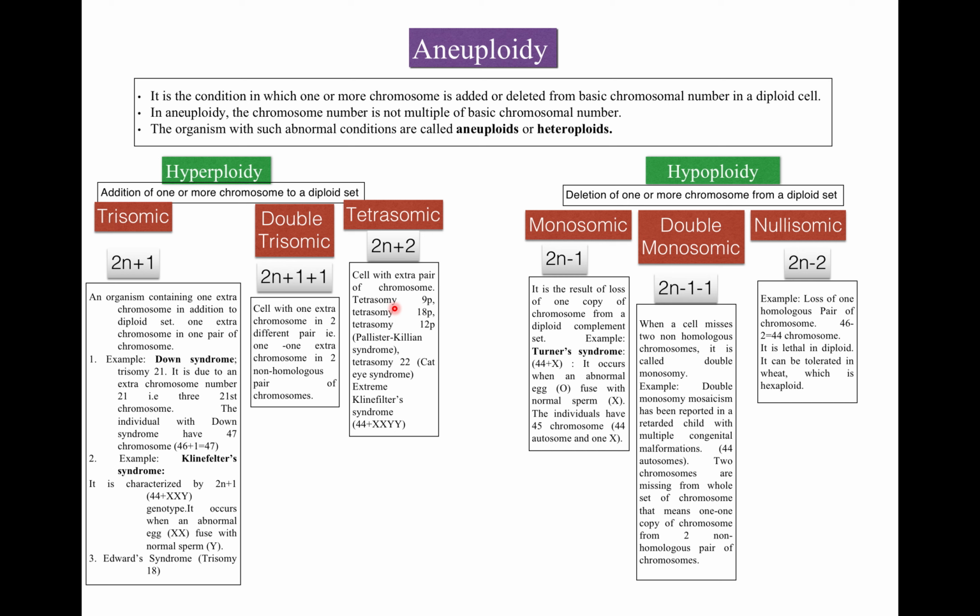Now tetrasomic, that is 2n plus 2. If a cell has an extra pair of chromosomes, unlike the one extra chromosome in two non-homologous pairs, here the cell has an extra pair of chromosomes, means if there are 23 pairs in human beings, if there are 24 pairs of chromosomes, then the chromosomes will be 48.